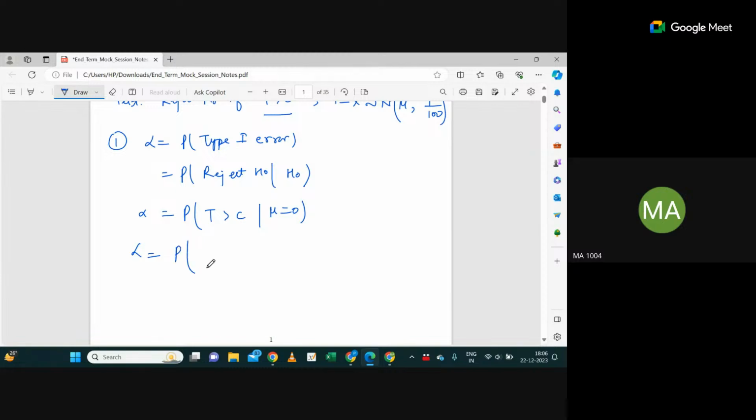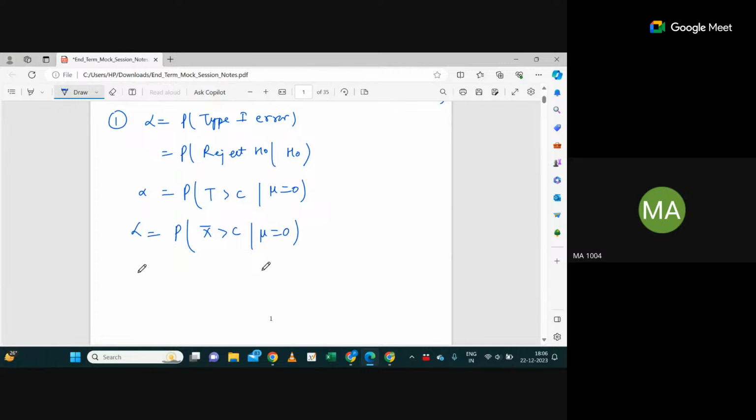I have to convert to standard normal form, right? So it will be x bar minus mu divided by the square root of 1 by 100, since the distribution of x bar is normal mu comma 1 by 100.